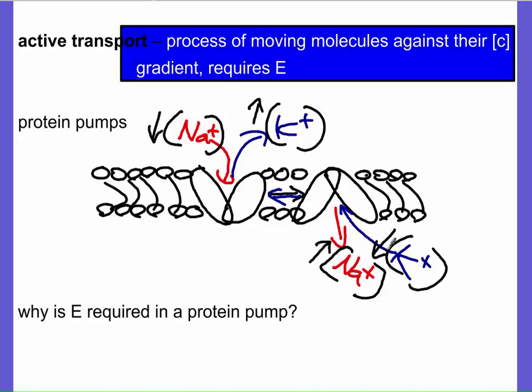And what it does in the long term is it builds an electric potential across your cell membrane. So that at any given moment, I could take another protein channel over here, open up the floodgates, and sodium starts rushing through one way and potassium starts rushing through the other way. And when you do that, it can actually send a signal from your brain to your toes to make your toes wiggle, right?